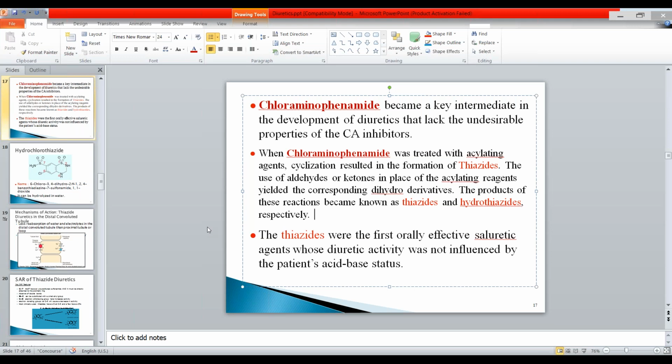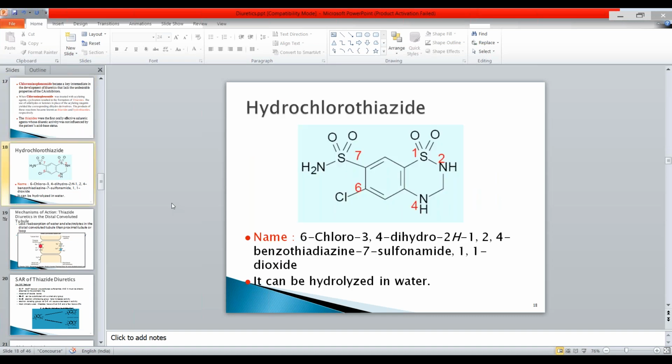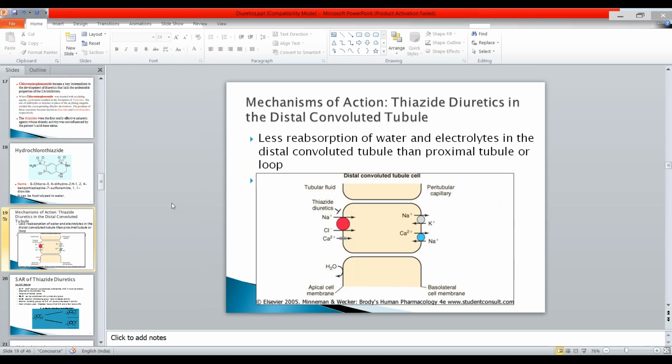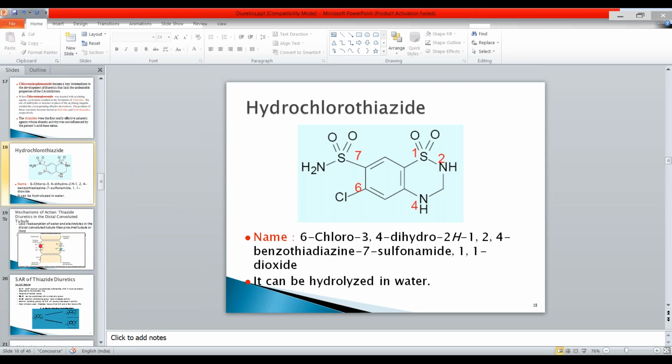Chloraminophenamide was then made to undergo two different types of reactions. One is with acylating agents and the other is with aldehydes and ketones. When it was made to undergo reaction with acylating agents, it gave what are called thiazides, and when it was made to react with aldehydes or ketones, it gives hydrothiazides.